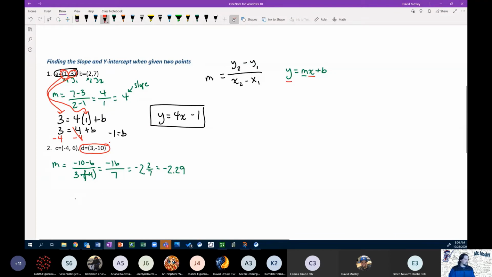So we will use negative 10 equals, I'm going to use the fraction, negative 16 over 7 times 3 plus b.